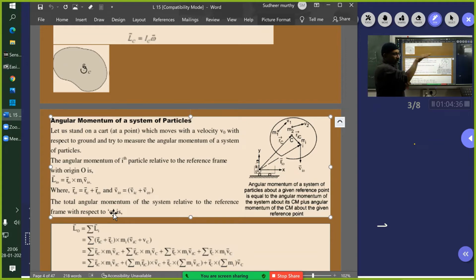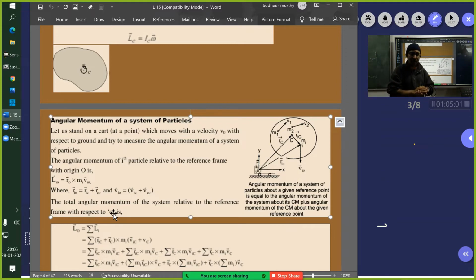So you will have angular momentum because of this motion, and because this vector keeps on changing because the body is moving, and my hand is also changing its angular position because it is rotating. So now you have to combine these two motions. That combination is what we are trying to understand.